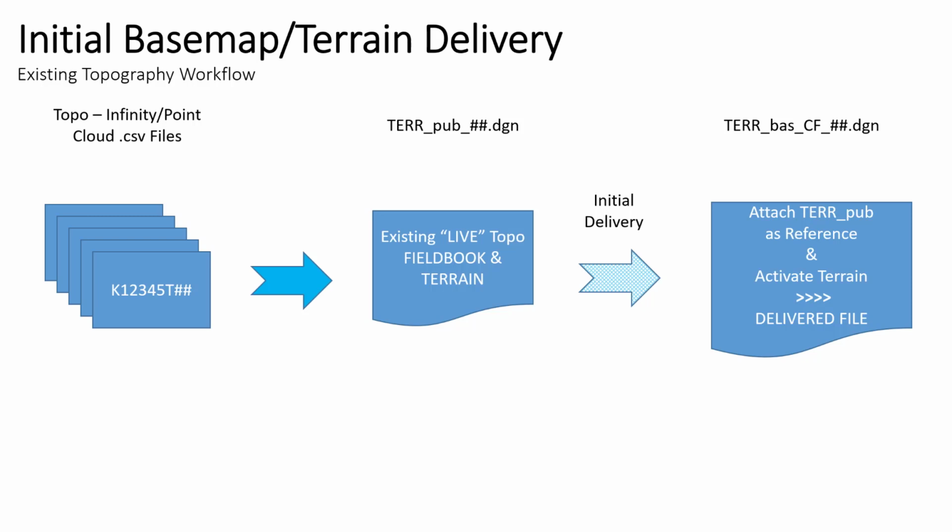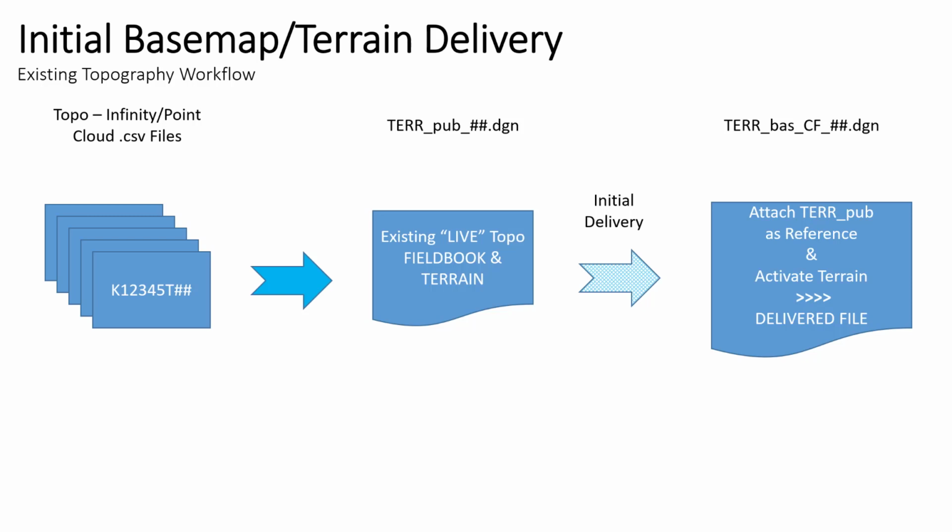If you have multiple people processing field topo files or mapping from point clouds and then passing it on to someone else for merging into one Basemap, going directly to the pub file this way may not be the best option. In that case, I would process the topo files and the point cloud mapping in those civil working files like I mentioned in the previous slide.